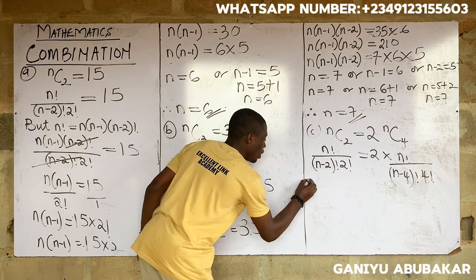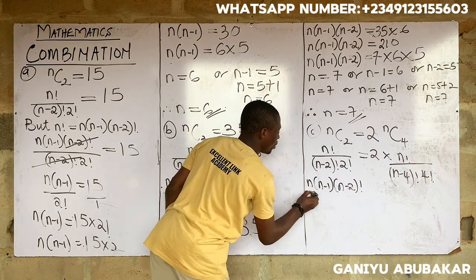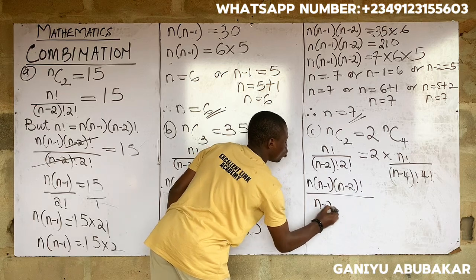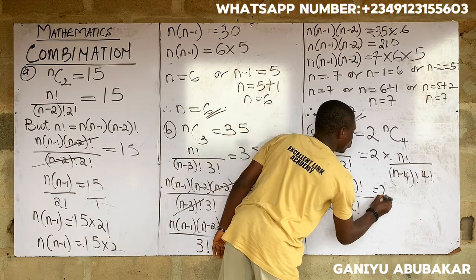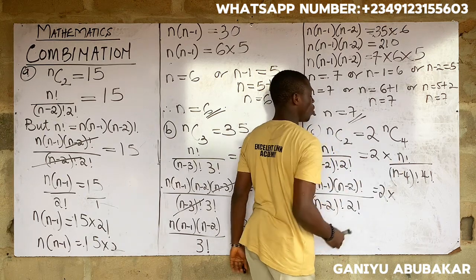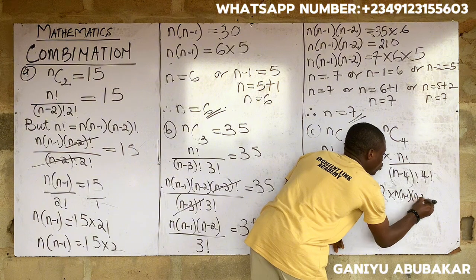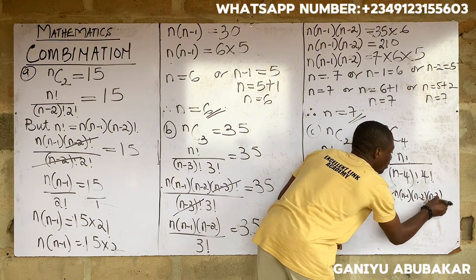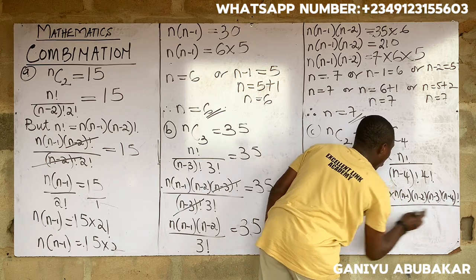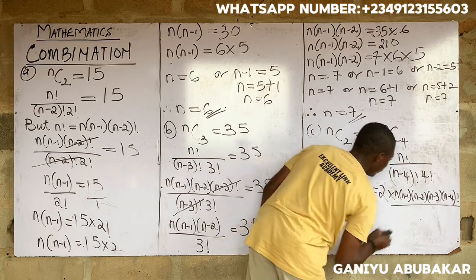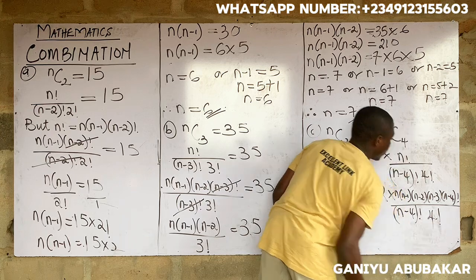Expand this one: n into n minus 1, n minus 2 factorial over n minus 2 factorial 2 factorial is equal to 2 times, expand this one, n into n minus 1, n minus 2, n minus 3, n minus 4 factorial all over n minus 4 factorial 4 factorial.